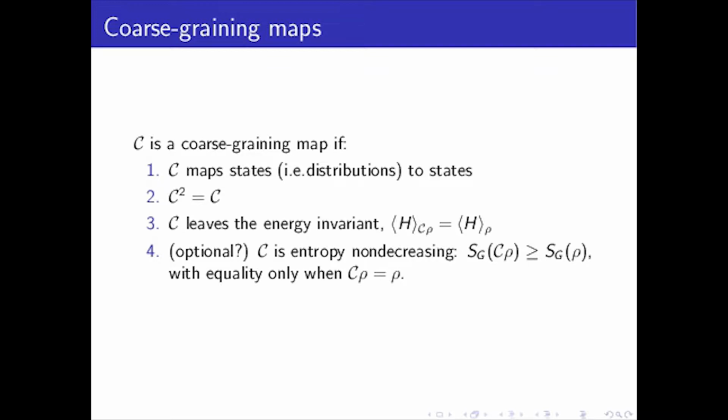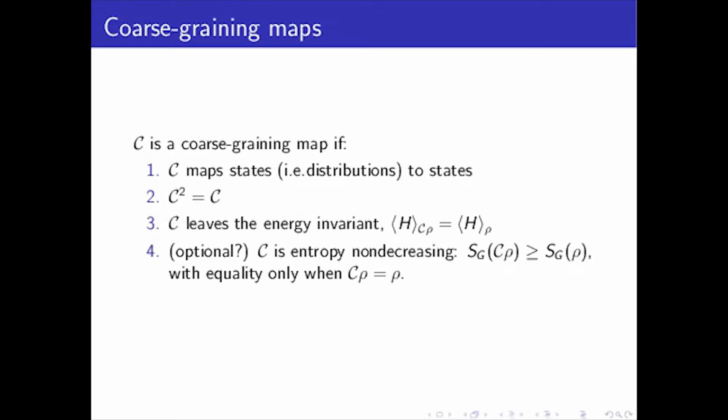Arguably optionally, but for the purposes of the control theory that I want to think about, I'm also assuming that it leaves the entropy non-decreasing. So the Gibbs entropy of the coarse-grained description is at least as big as the Gibbs entropy of the fine-grained description, and you get equality only if the original fine-grained distribution was already coarse-grained in the sense that it was invariant under the action of C.